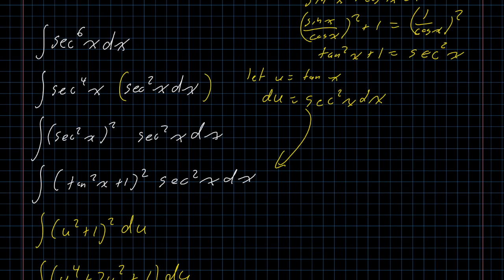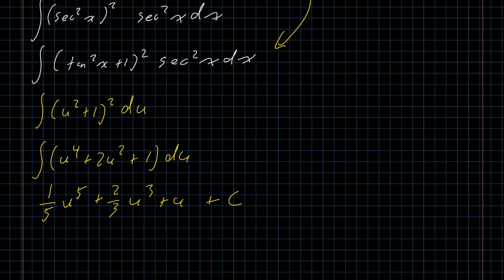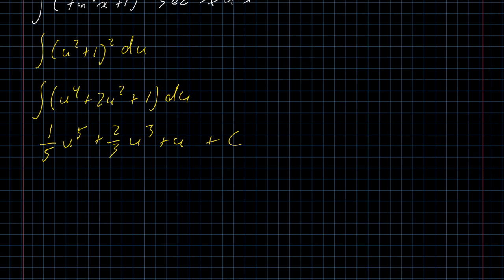But of course, remember that u was tangent of x, so I can substitute that back in. I'll get 1/5 tangent to the fifth of x plus 2/3 tangent cubed of x plus tangent of x plus our arbitrary constant of integration c.